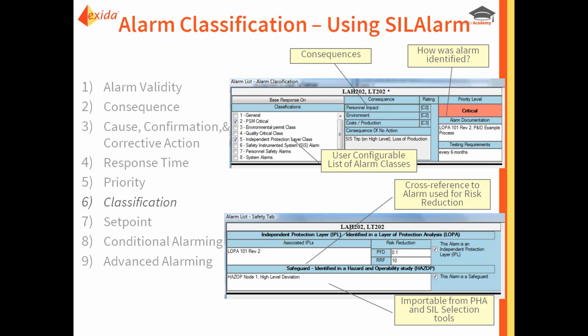So essentially creating a cross-reference to where that alarm appears within your safety design. And why would you do that? That would be important because you wouldn't want to go and rationalize away an alarm that's part of a layer of protection analysis. That would essentially compromise or change the risk reduction of your plant.